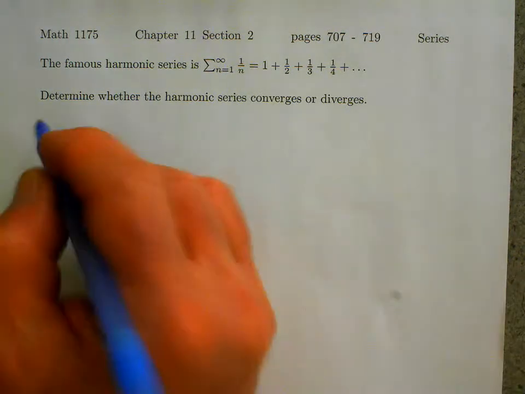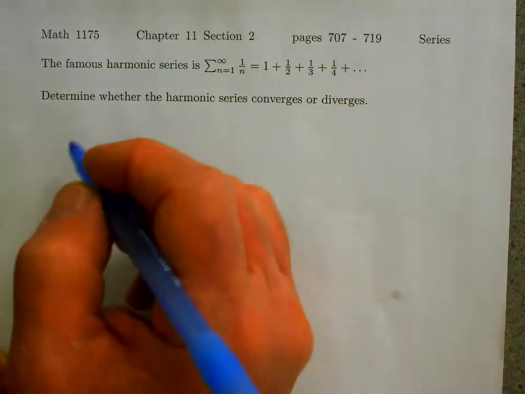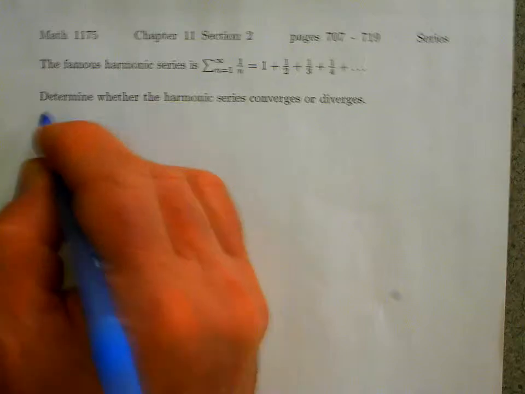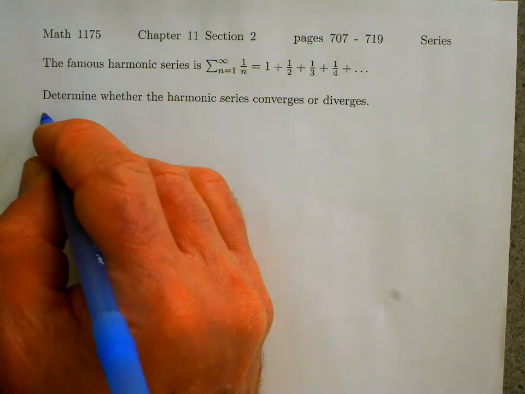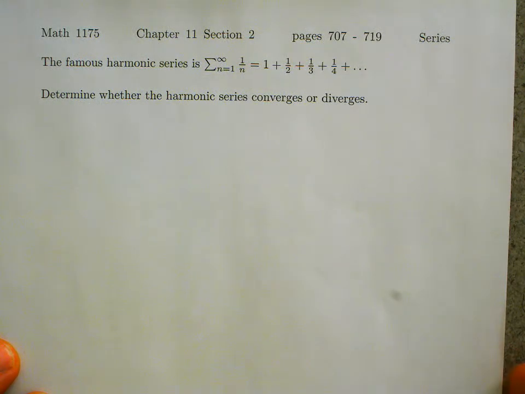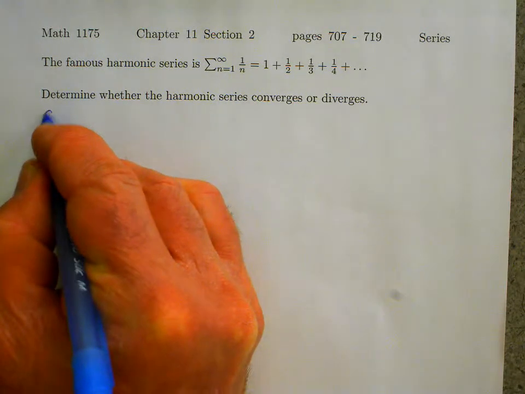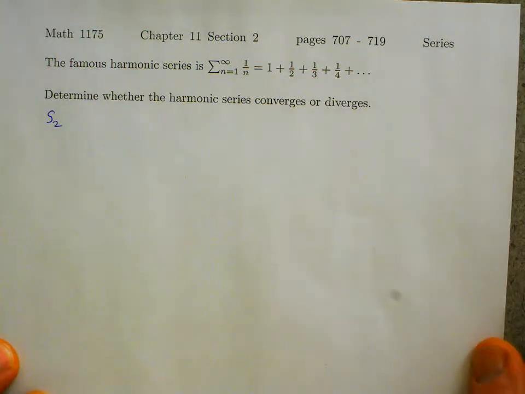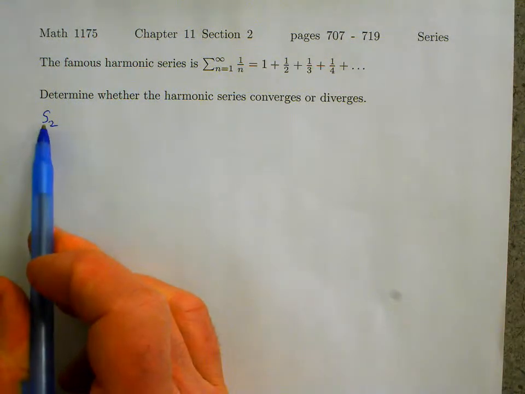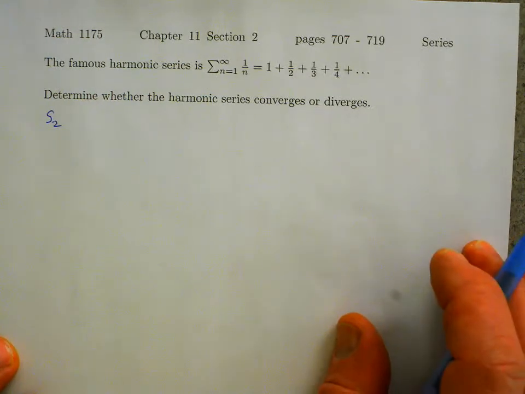I'm going to start with, remember in general what the nth partial sum is. We use S sub n for the nth partial sum. So the partial sum S sub 2 is the sum of the first two terms.